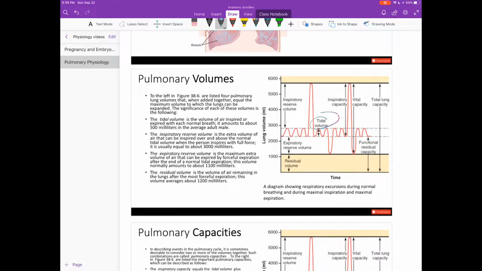And you can see that its extent is at about 500 milliliters, but it starts at about a little over 2,000 and a little under 3,000, give or take, in terms of the amount of volume that's going in and out of the lungs.